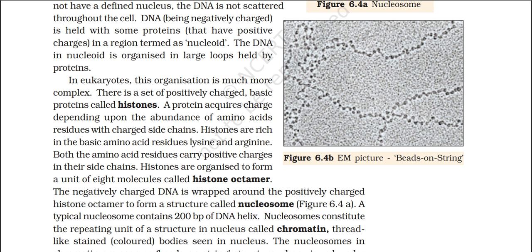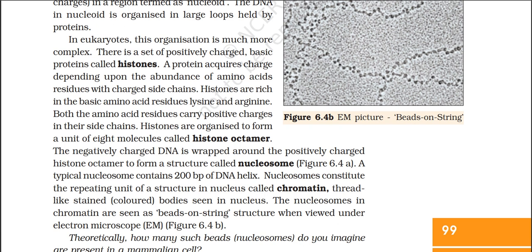Both the amino acid residues carry positive charges in their side chains. Histones are organized to form a unit of 8 molecules called histone octamer. The negatively charged DNA is wrapped around the positively charged histone octamer to form a structure called nucleosome, figure 6.4a.